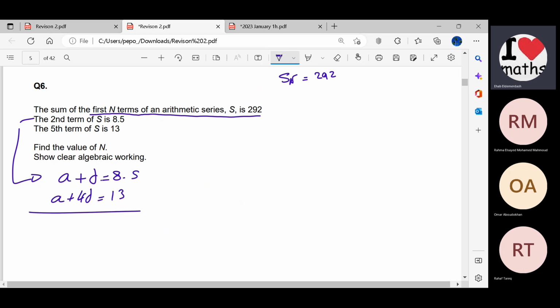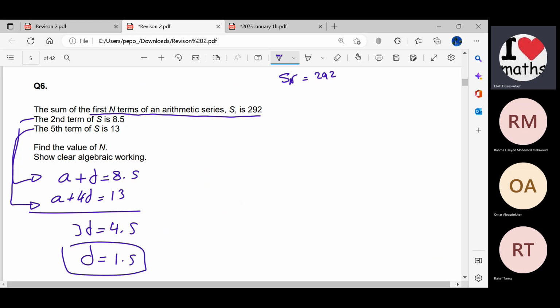What we have to do is solve these simultaneous equations to find a and d. The a cancels, 4d minus d is 3d, and 13 minus 8.5 gives 4.5, so d is equal to 1.5.